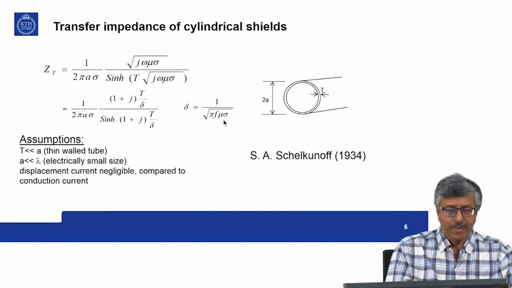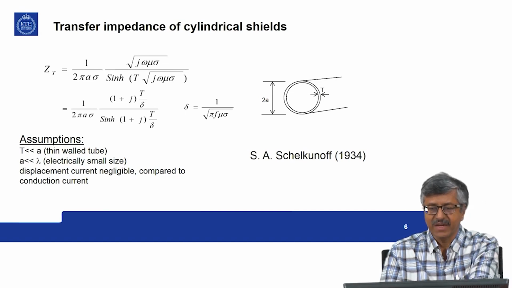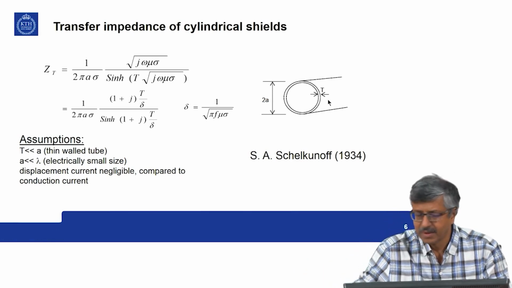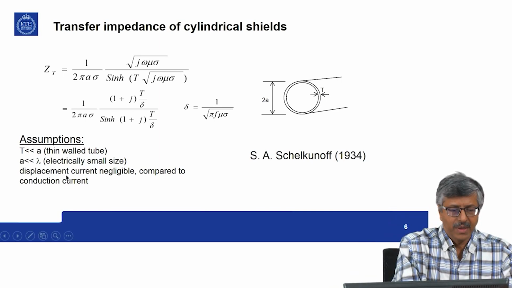Let us have these assumptions. First, t is far less than a. Second, a, the size, is electrically small, far less than lambda.